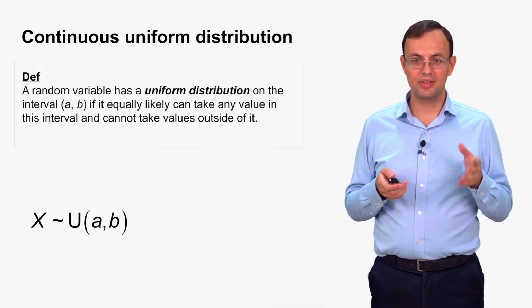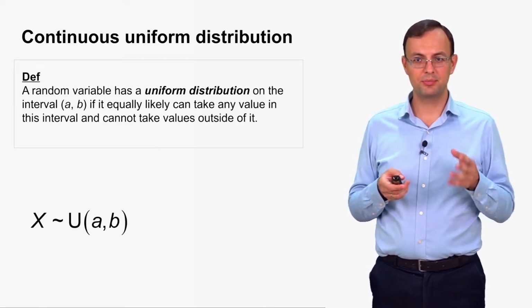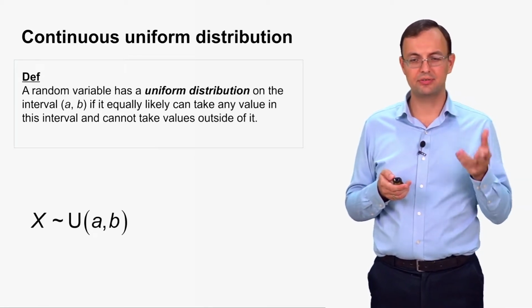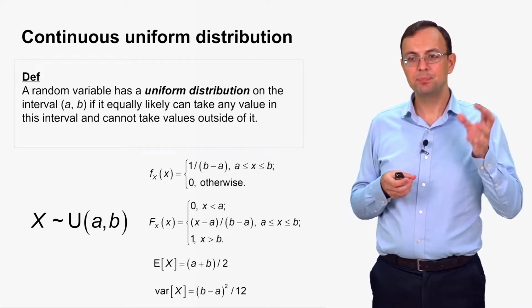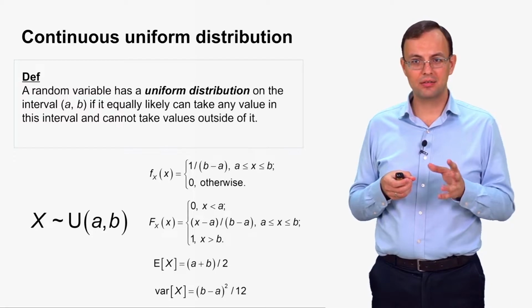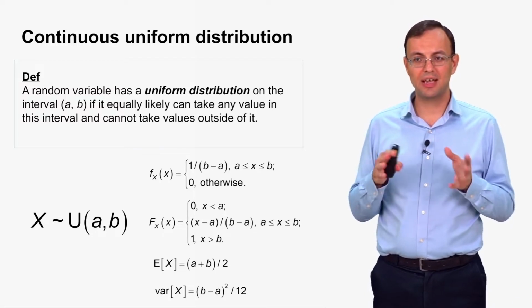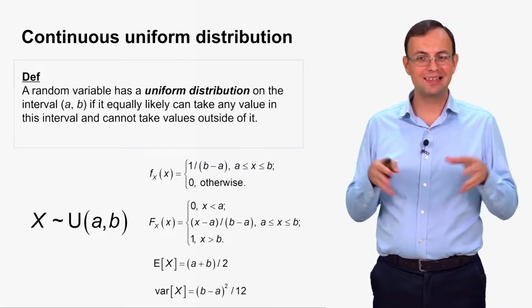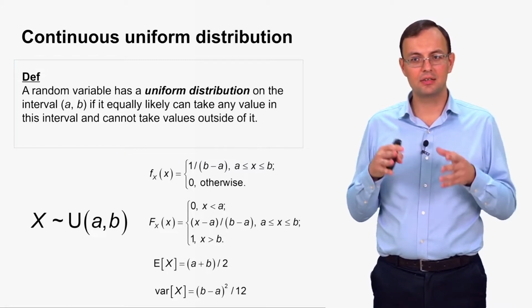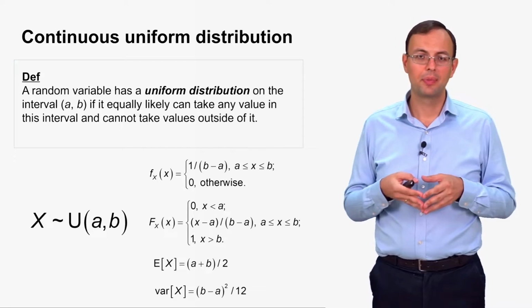The symbol for uniform distribution is the letter U, the first letter of the word uniform, and its PDF is a function that is constant between A and B, equal to 1 over B minus A inside this interval and 0 outside of it.